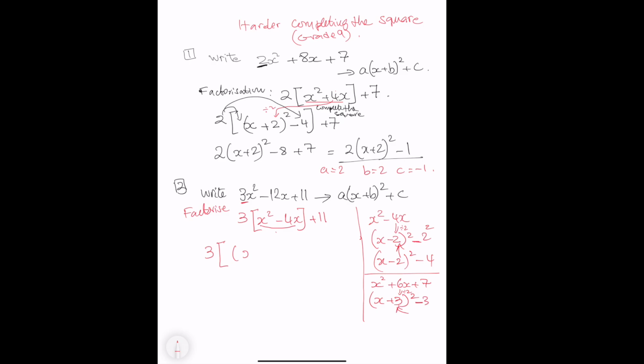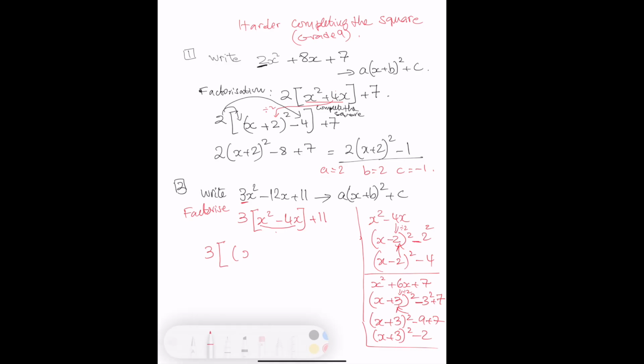So minus 3 squared plus 7. I explained to you in the previous lesson why we have to minus 3. And then it will be x plus 3 squared minus 9 plus 7 is minus 2. So x plus 3 squared minus 2. So that's the completing the square of a simple, easy question.